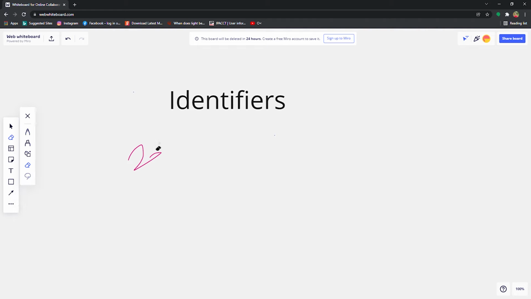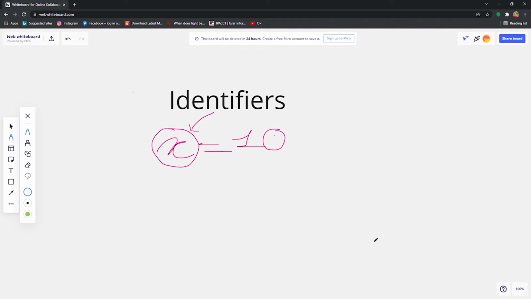X is equal to 10. Now what is this x? X is the name of the variable, or I should say it is an identifier.